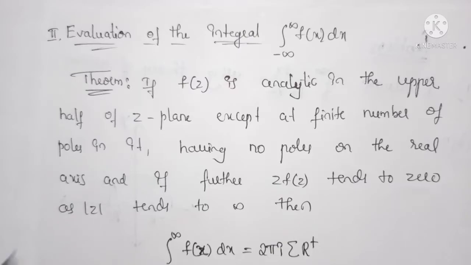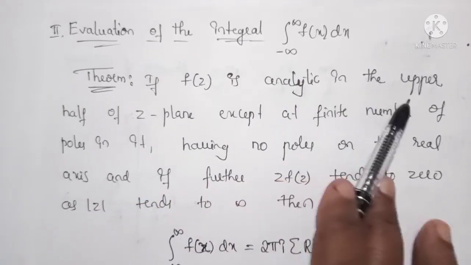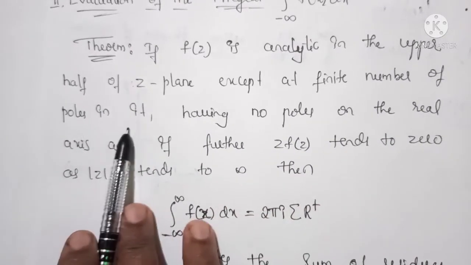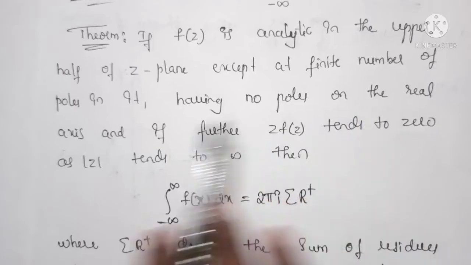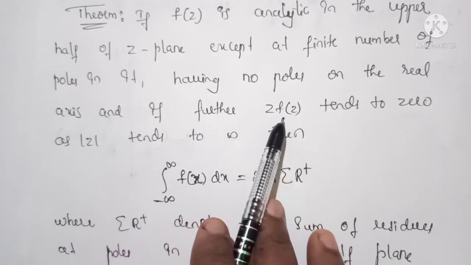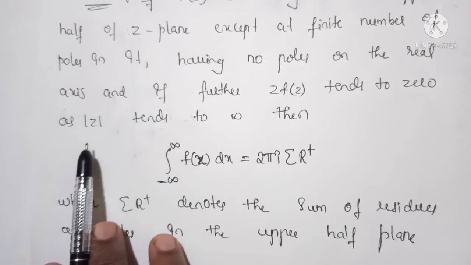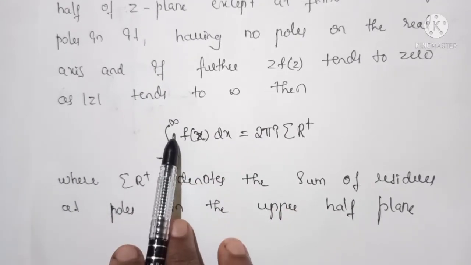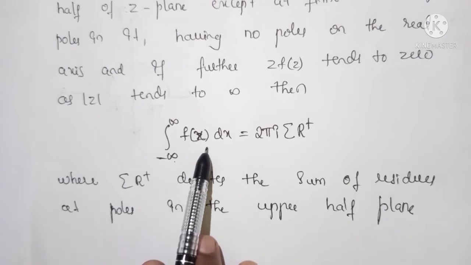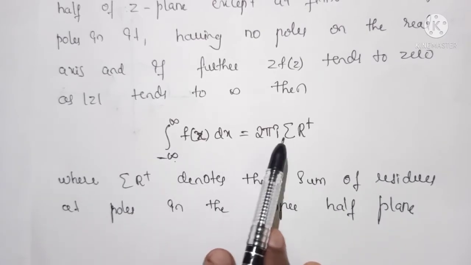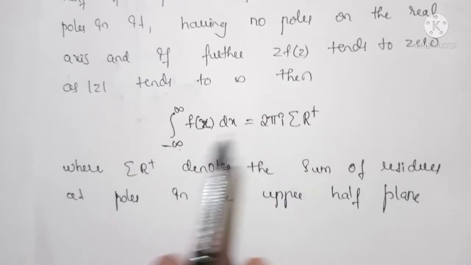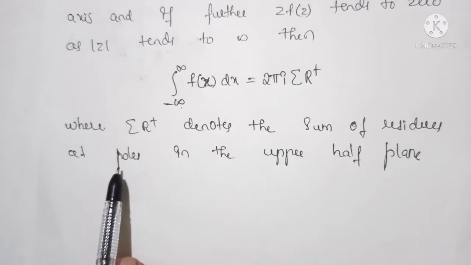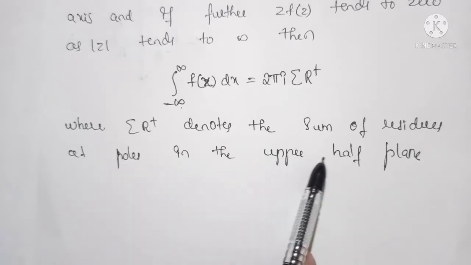Okay, so theorem: if f of z is analytic in the upper half of the z plane except at a finite number of poles in it, having no poles on the real axis, and if further z f of z tends to 0 as mod z tends to infinity, then the integral from minus infinity to plus infinity of f of x dx is given by 2 pi i summation R, where this summation R denotes the sum of the residues at poles in the upper half plane.